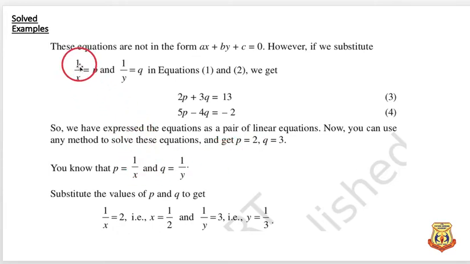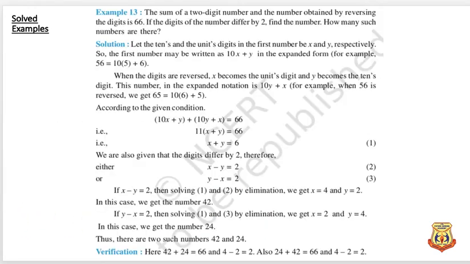Remember, 1 by x is equal to p, we have taken previously. So in the place of p, we'll put the value 2. So 1 by x is equal to 2. And q is 3, so here you'll put 3. That means 1 by y is equal to 3. So here we'll get the x value, that is 1 by 2, and the y value is 1 by 3.